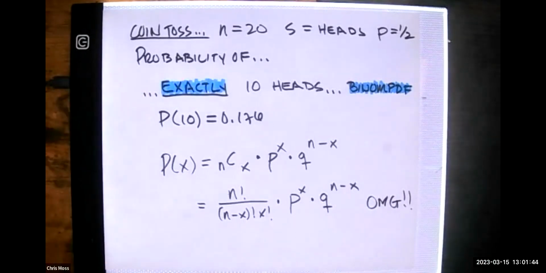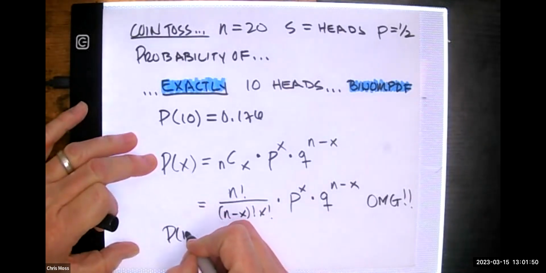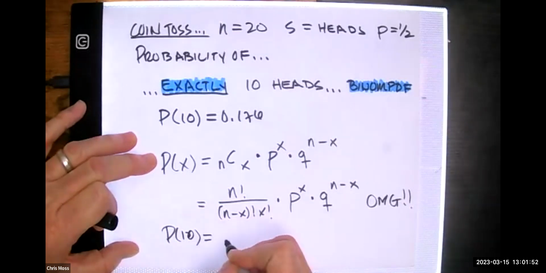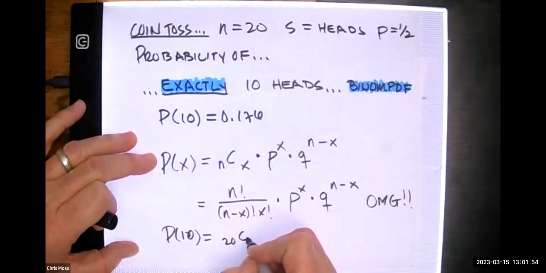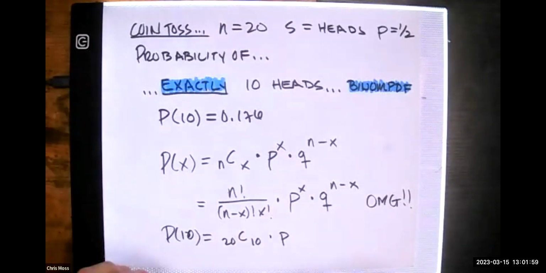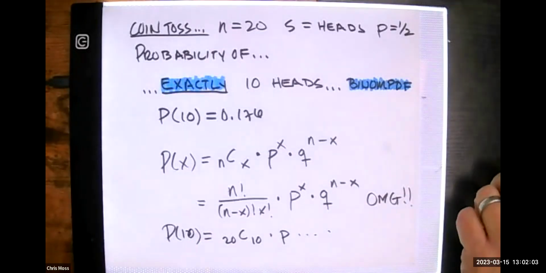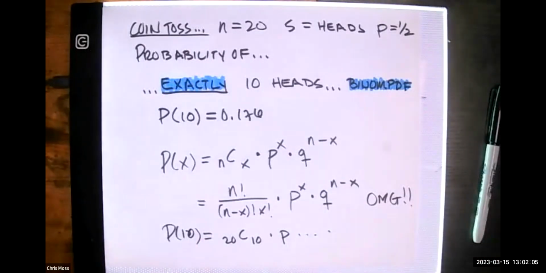Now, I am not suggesting that we actually use this formula to do our problems. But I'm going to do it once for us on the calculator just to verify our results. You follow me? I'm not going to actually require you to use this formula. I can't say that enough.